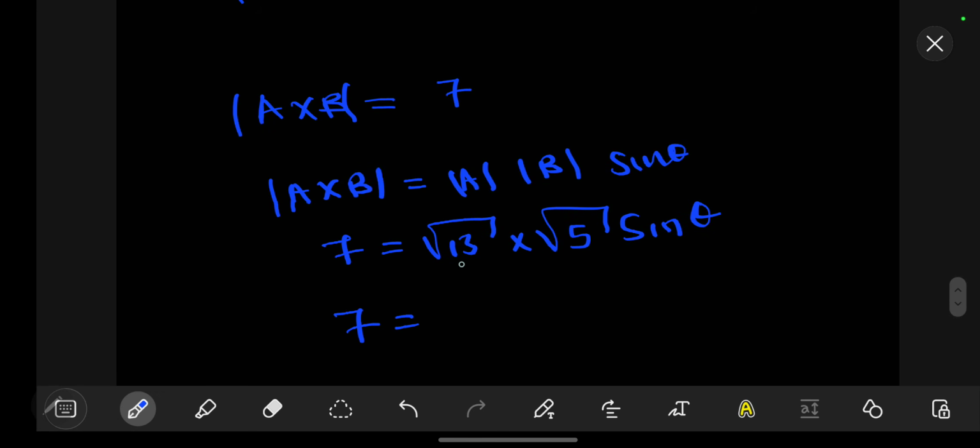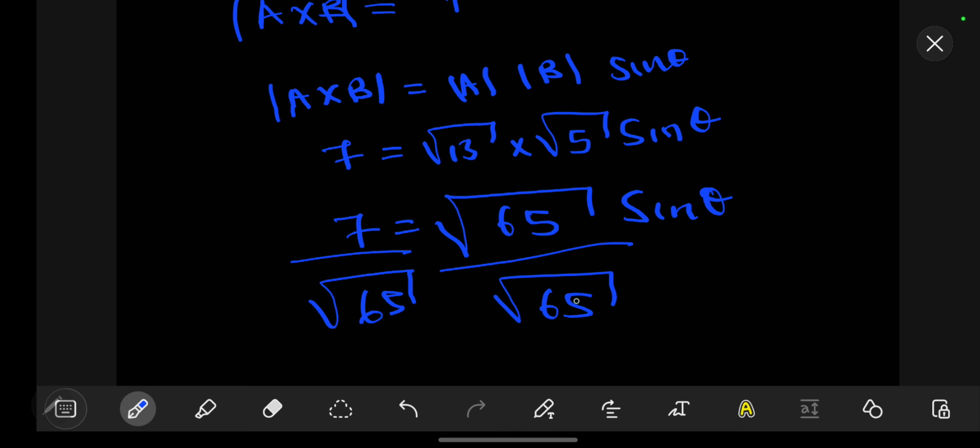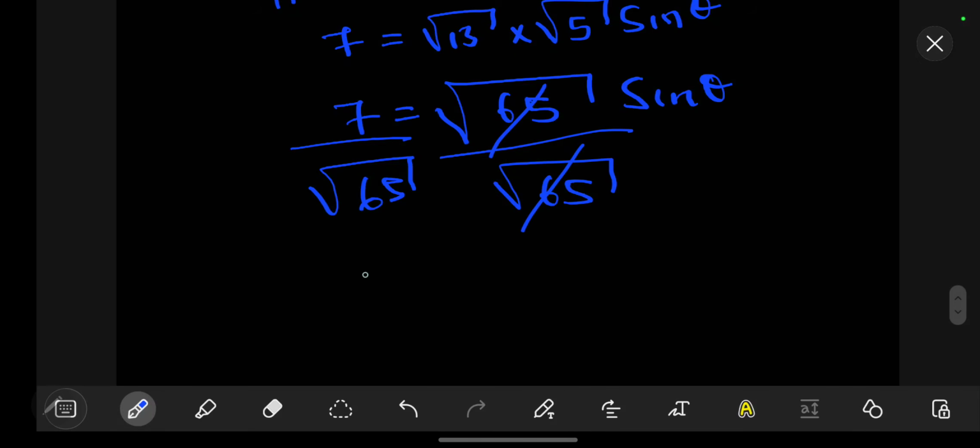When we multiply 13 times 5, it gives us 65. So we can divide by the square root of 65, so that 7 over the square root of 65 is equal to the sine of theta.